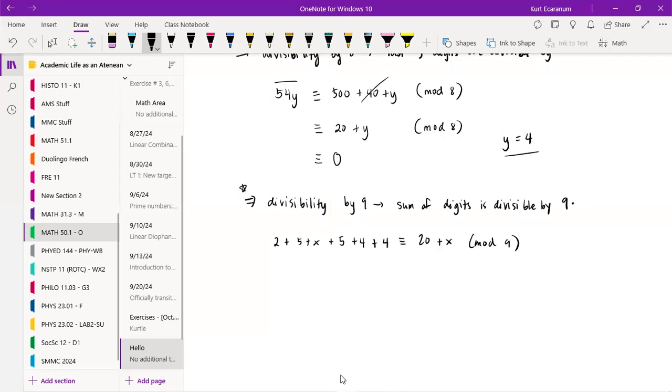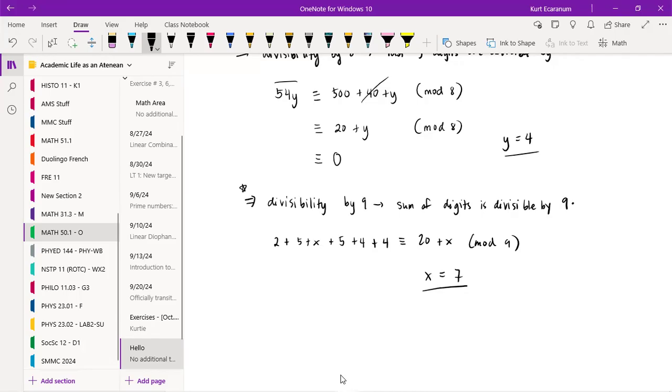And 20 plus x, x should be a digit, and a number divisible by 9 suggests that we can set x equals 7. Diba? 20 plus 7 equals 27. 27 divided by 9, 27 is divisible by 9. And so x equals 7.